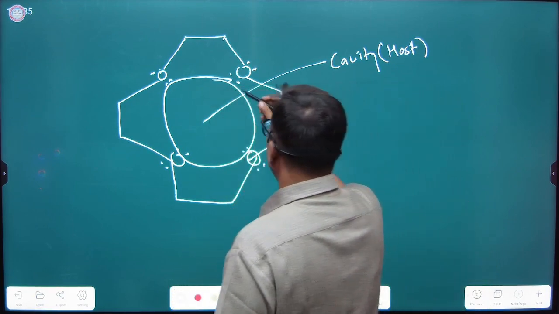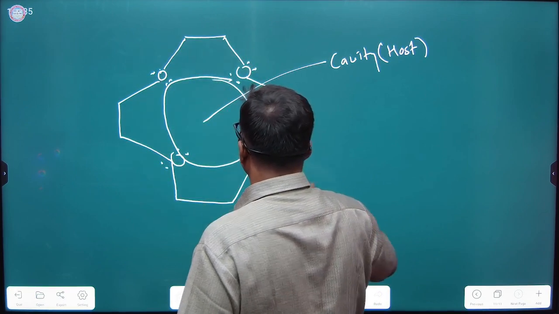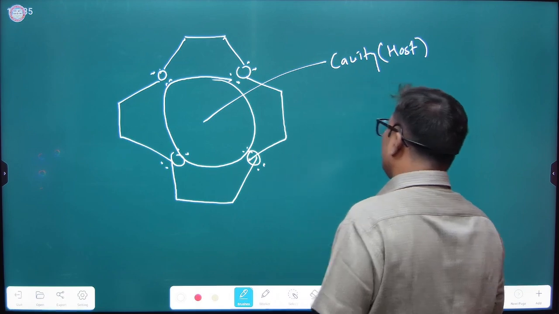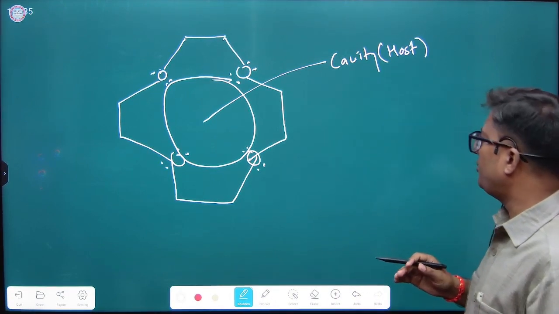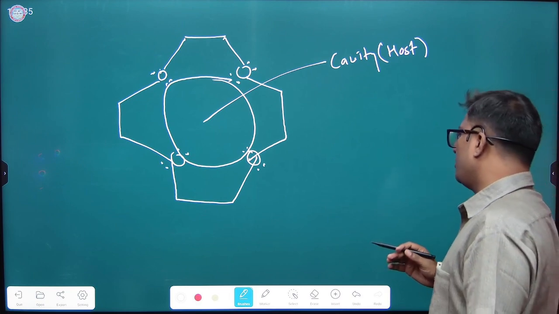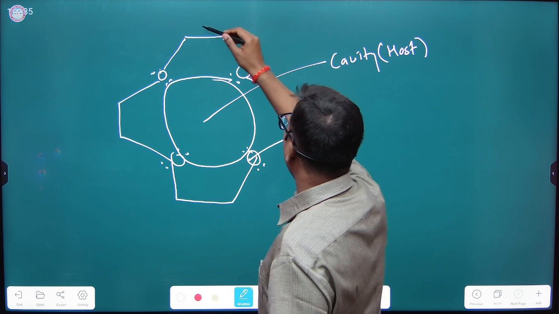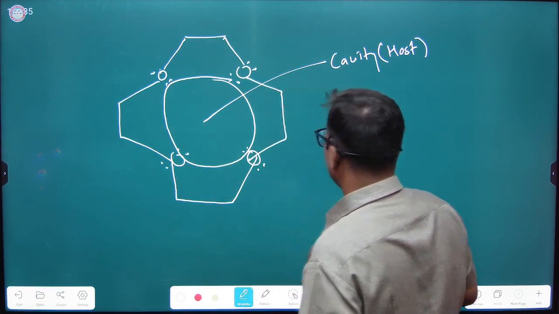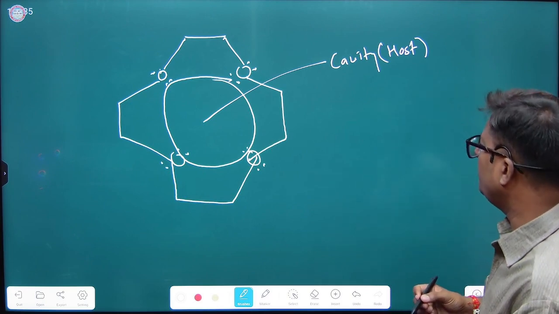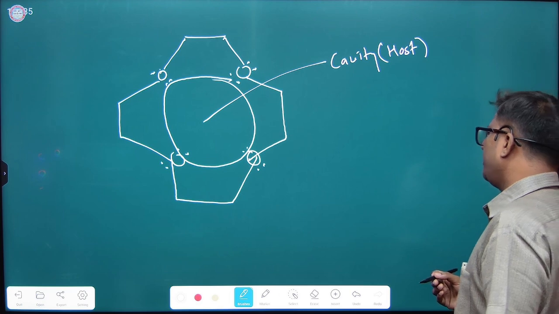And the exterior part has no tendency to donate its electrons because of the presence of saturated hydrocarbons. Saturated hydrocarbons are not able to donate their electrons.